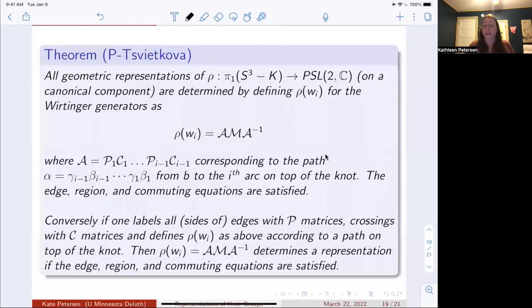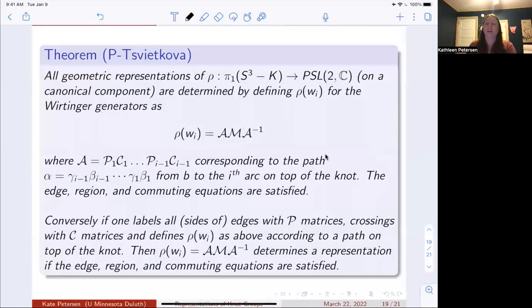But conversely, if we just blindly label all of the edges left and right with those p-type matrices, all crossings with c-type matrices, and if we define rho of a Wirtinger generator to be the A M A inverse, you know, for any path that you take to get to the ith edge, then if you make sure the edge, region, and commuting equations are satisfied, you will always get a representation.